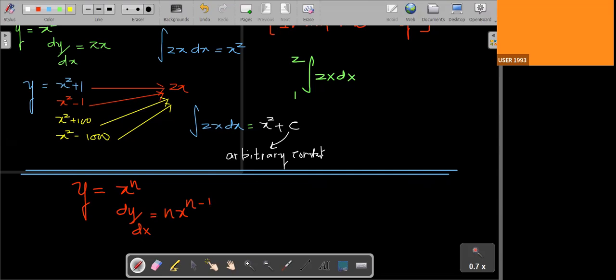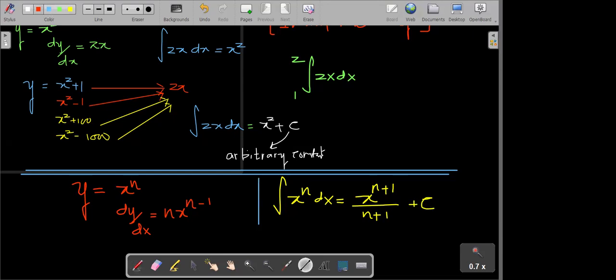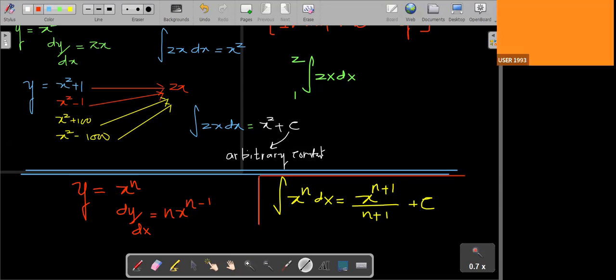The integration of x to the power n will be equal to x to the power n plus 1 divided by n plus 1, plus C, since it's an indefinite integral. So this is the rule to integrate. The rule says that you add 1 to its power and then divide by the new power.